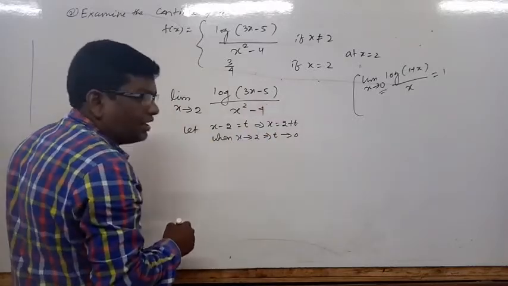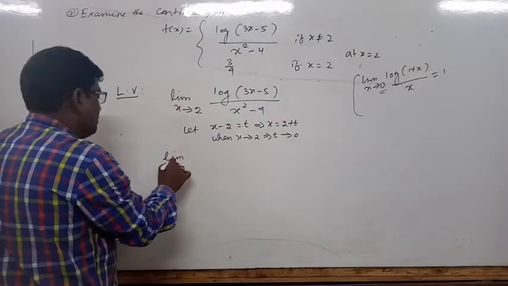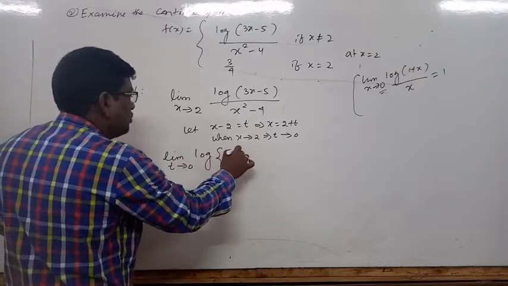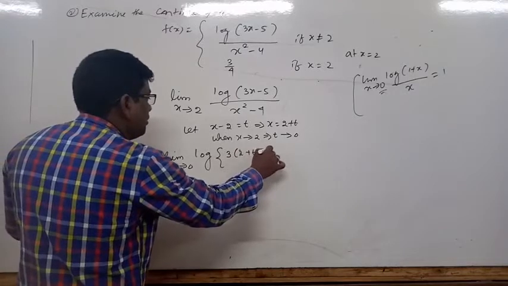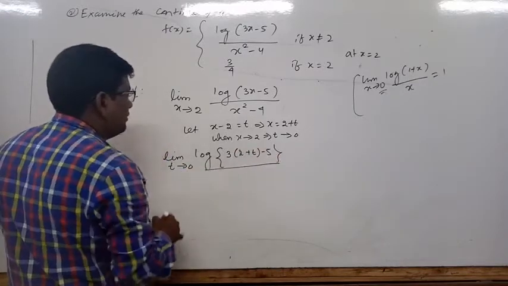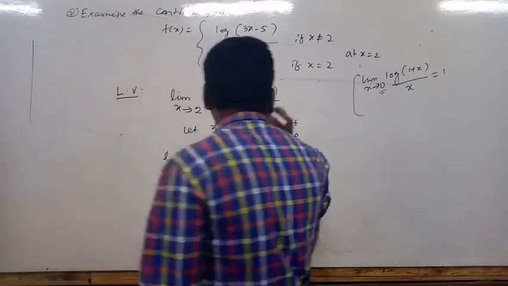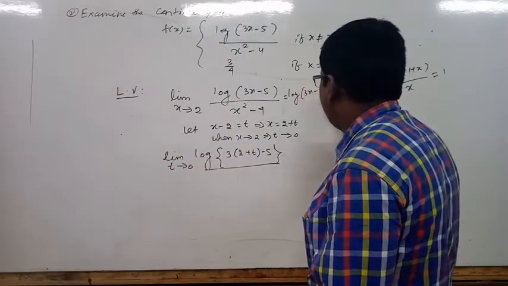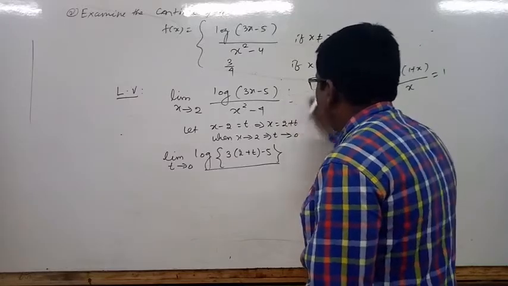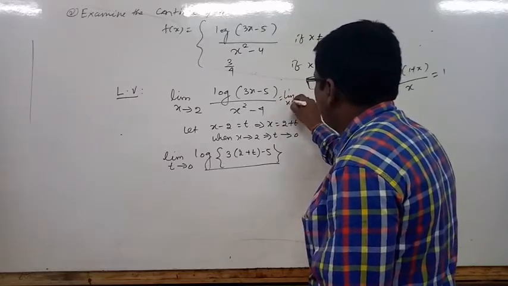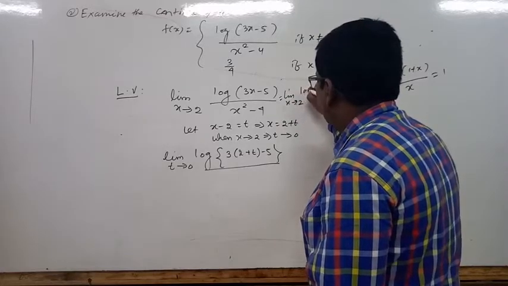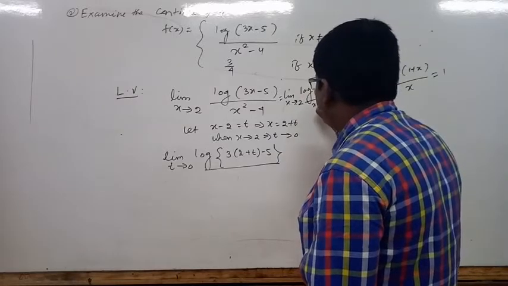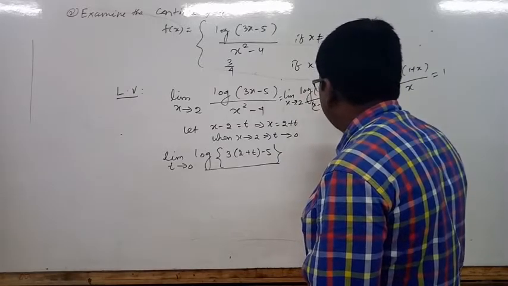So this can be written as limit t tends to 0 of log of 3 into 2 plus t minus 5, whole divided by x minus 2 into x plus 2 here.